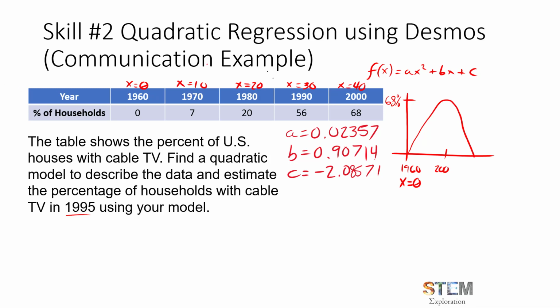So now that we have these parameters, we can now create the modeled equation. So we can say y is equal to 0.02357 x squared plus 0.90714 x minus 2.08571.